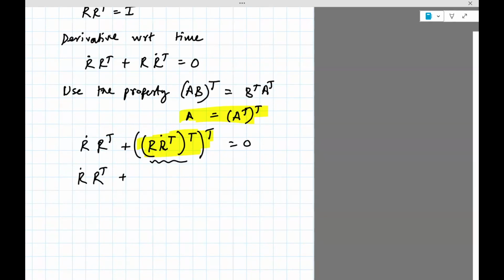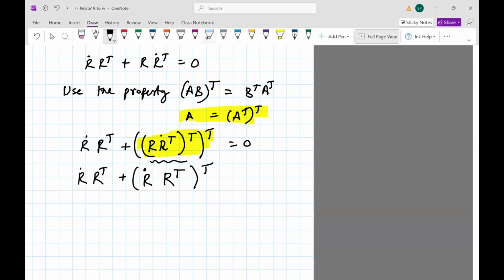So I can write this as B transpose A transpose, which is R transpose of transpose, which is R, times R dot transpose. So this becomes R dot R transpose.